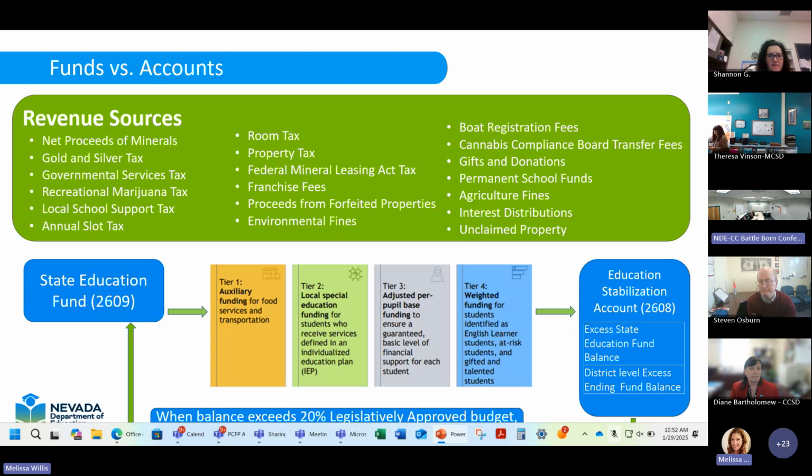So the concept and the anticipated outcome is that is money that has been allocated, regardless of at-risk, EL, GATE, to a district to serve the needs of their students. If that is not sufficient to meet those needs, then the LEA has the authority to transfer funding from adjusted base or another eligible pot of funding to meet the additional needs that are above and beyond what the state has allocated through that pot of funding.